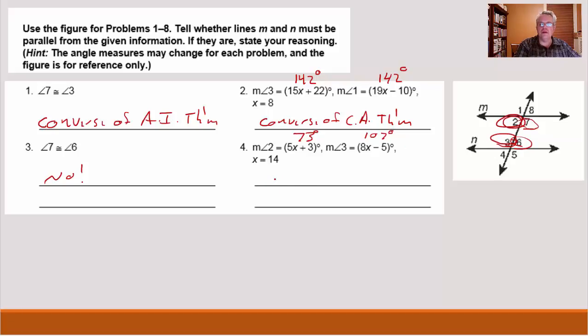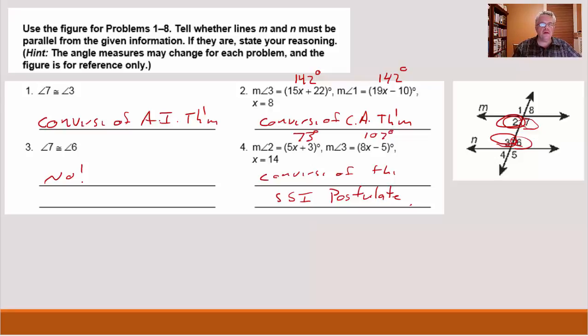That does work. We know the lines are parallel by the converse of the same side interior angles postulate. Okay, so these converses are for demonstrating lines are parallel.